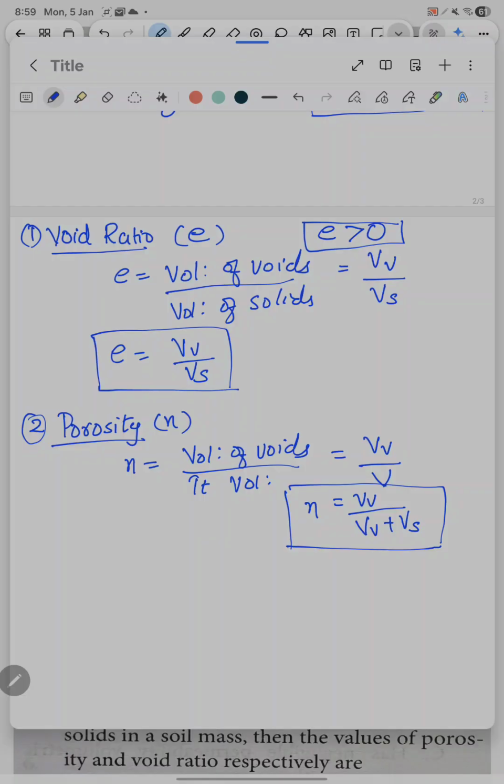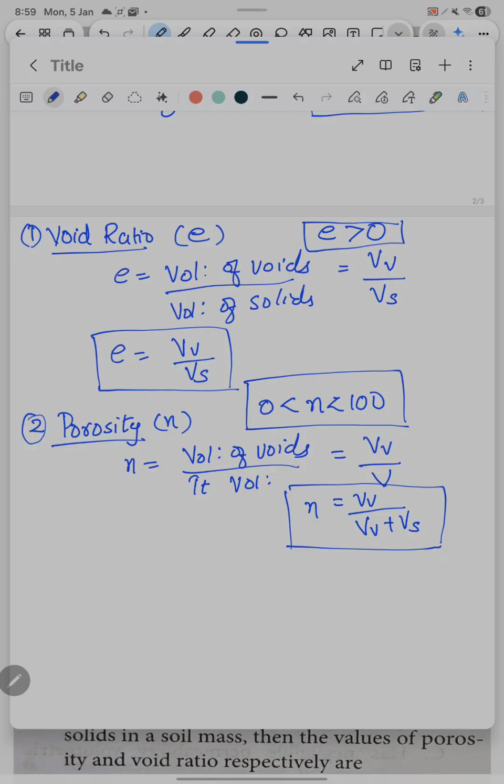So always the value of void ratio is greater than 0. The next is porosity: the value range for porosity is 0 less than n less than 100.